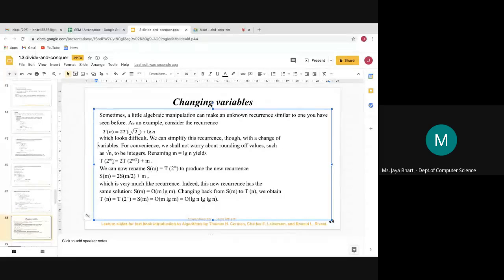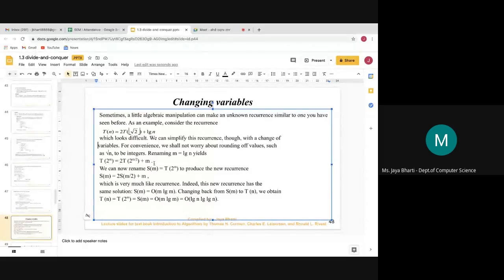We will only focus on the remaining n values and this value. So, such that √n is an integer, we will rename: log n = m. Now from here, if we compute the value of n, that will be 2 to the power m.